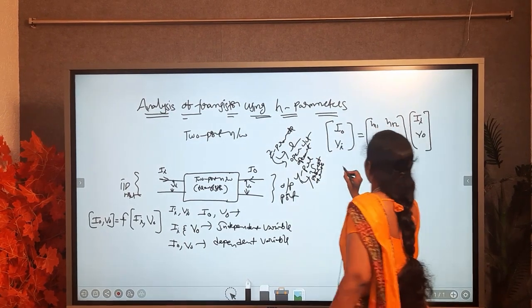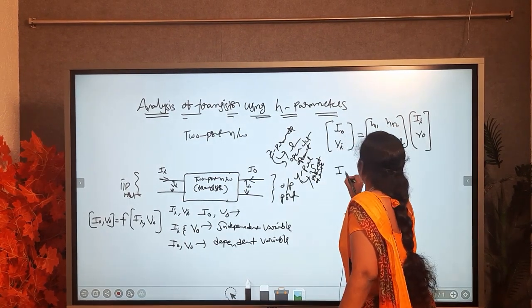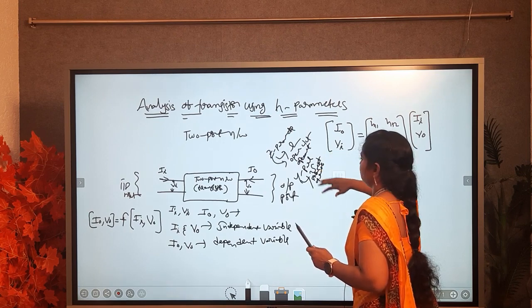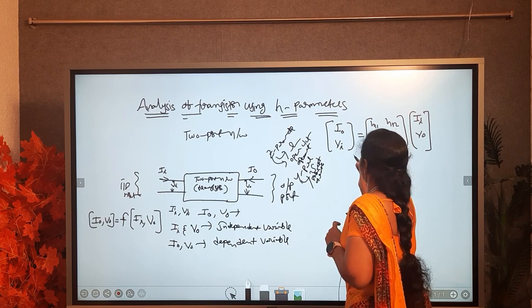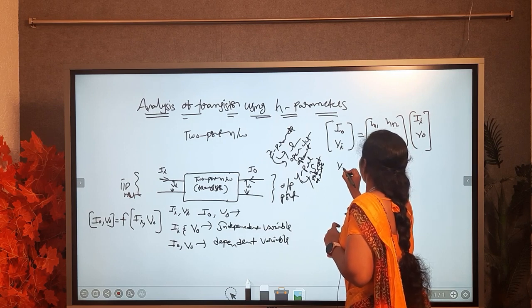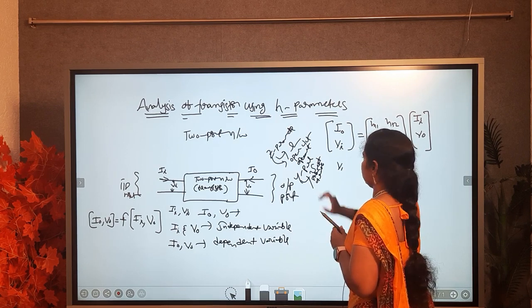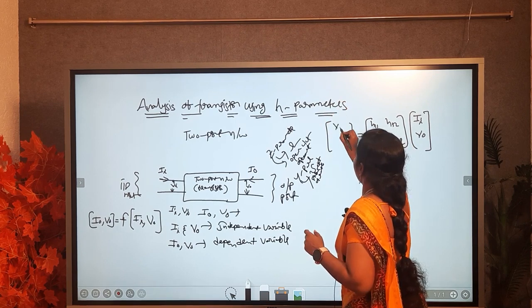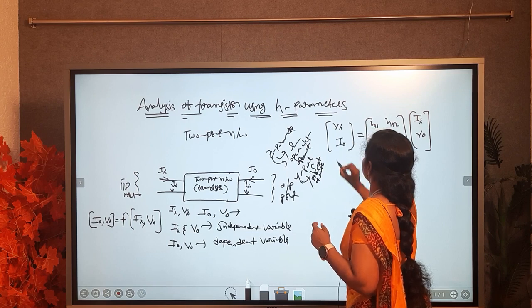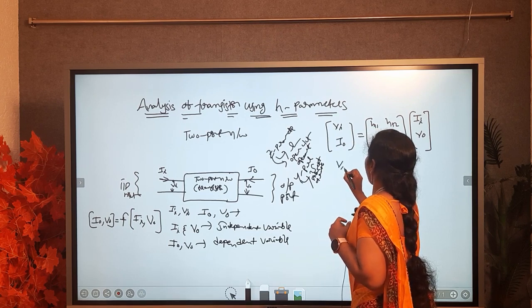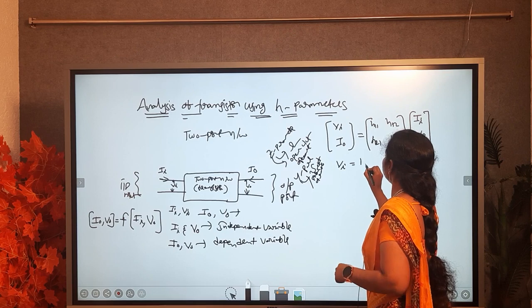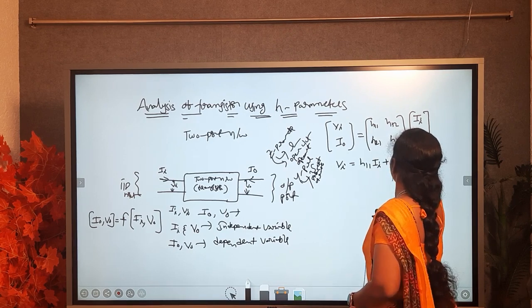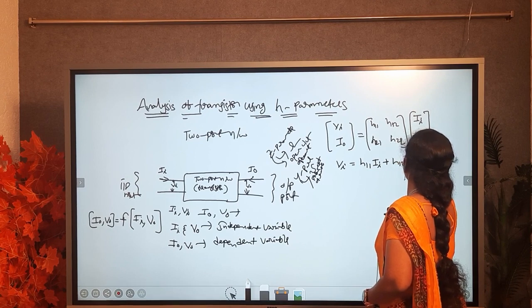Coming to our topic, the first equation: Vi equals H11 Ii plus H12 V0.